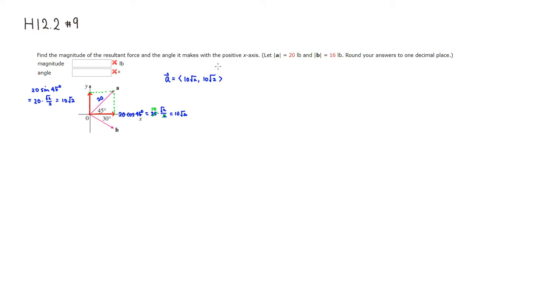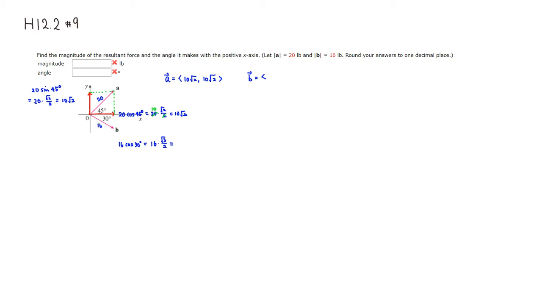And how about the vector B? For vector B, we still need to do the same thing. To find the x component, we multiply by cosine of 30 degrees. So this is 16 times cosine of 30 degrees, which is square root of 3 over 2.